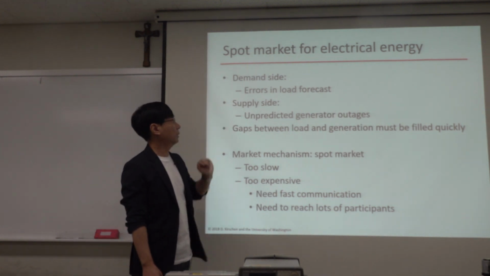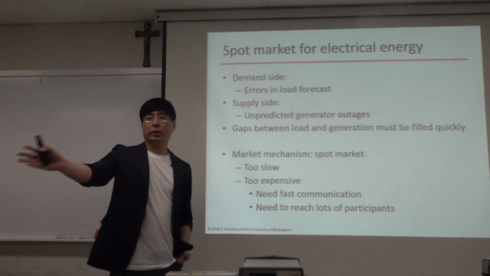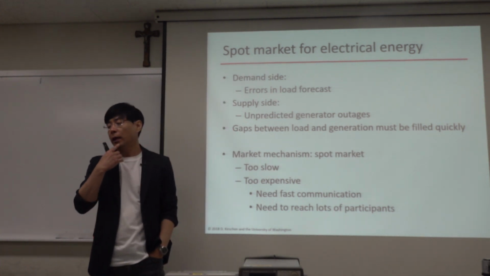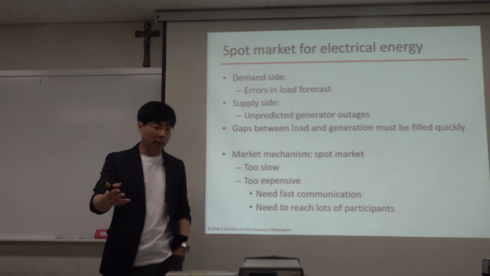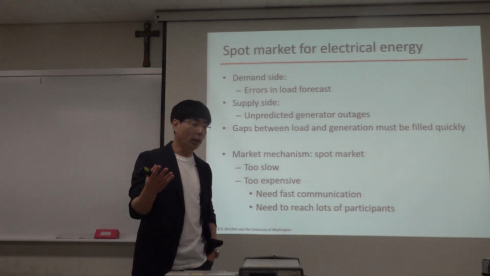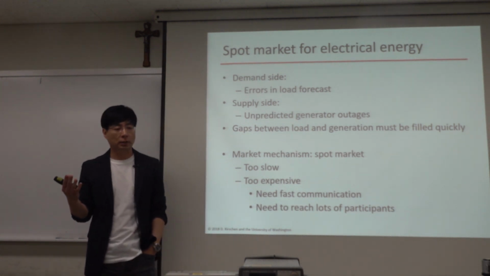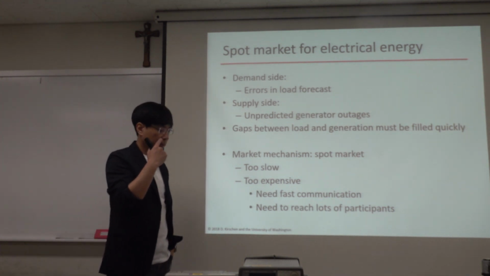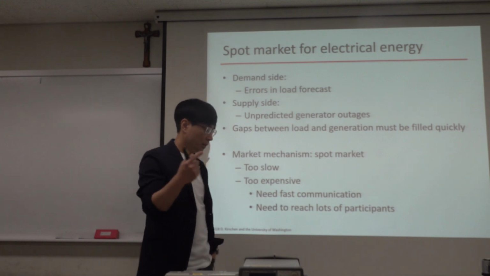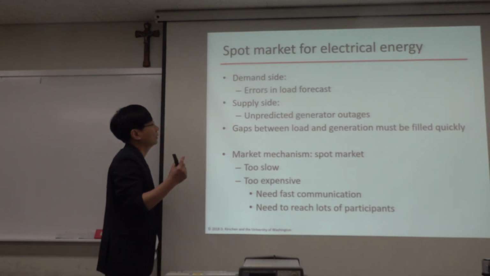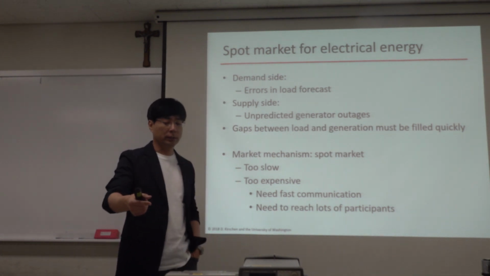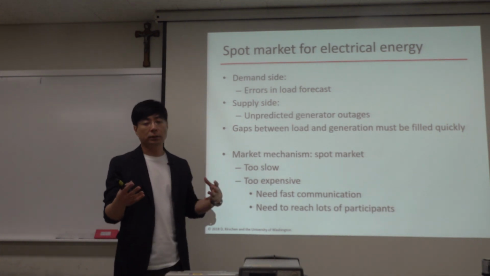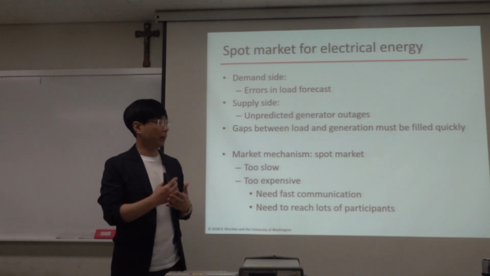Similarly, on the supply side, suppose you are a generator and you want to participate in the electricity market, and you commit to deliver some amount, like 1 gigawatt or 500 megawatt. But the generator is made of a turbine, like a gas turbine, and sometimes this mechanical system can break down unexpectedly.